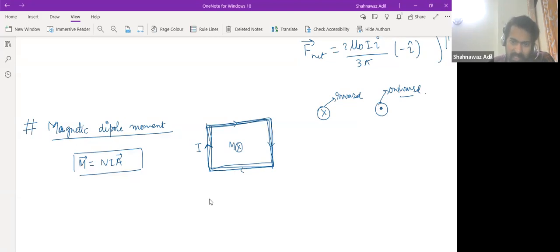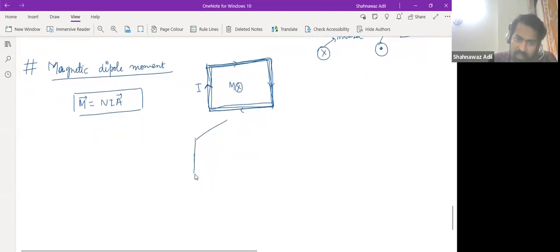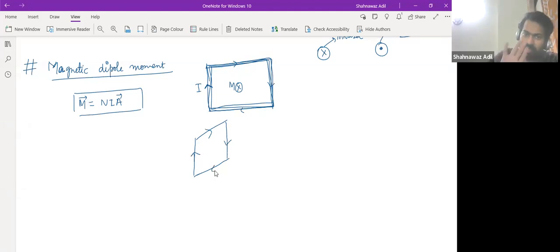Okay, so let's say the loop is in this plane. Then what would be the direction of the magnetic dipole moment?